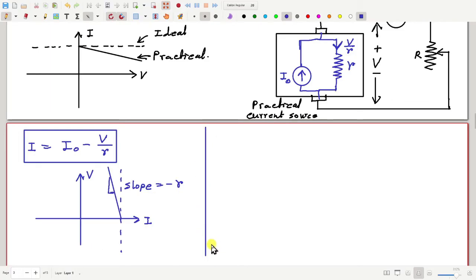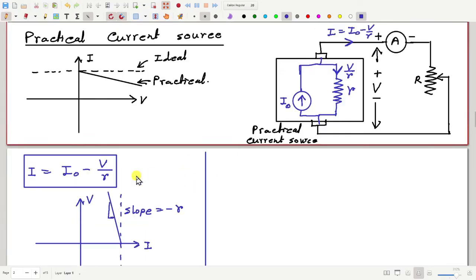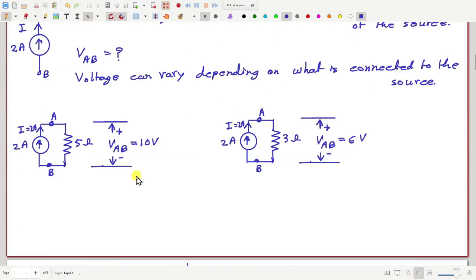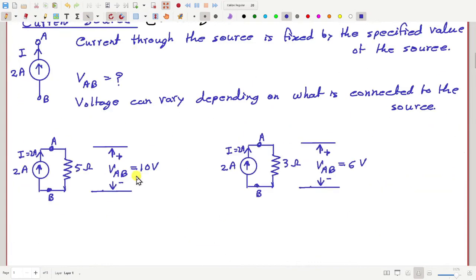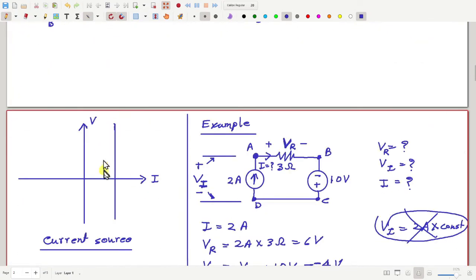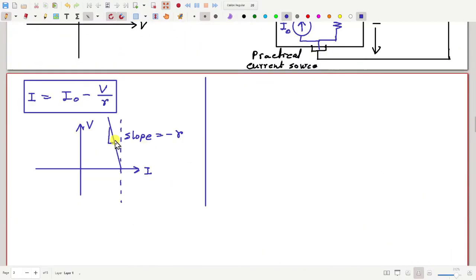Then let me ask, how much is the internal resistance for an ideal current source? So we saw before, this is the graph for an ideal current source. How much is the internal resistance here? Infinity. Excellent.